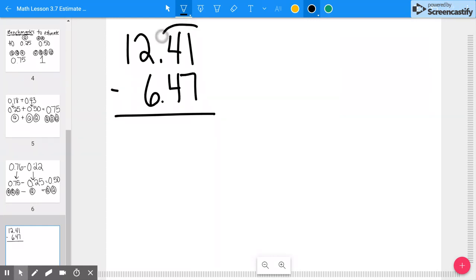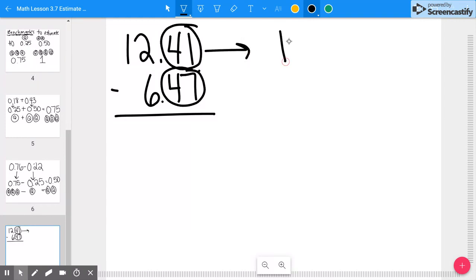All I care about when I'm using benchmarks are these last two numbers, where if I'm thinking about money, that would be my cents, because that's what I'm going to use to determine if it's $0, 25 cents, 50 cents, 75 cents, or a dollar, based off my money with my benchmarks, those quarters.